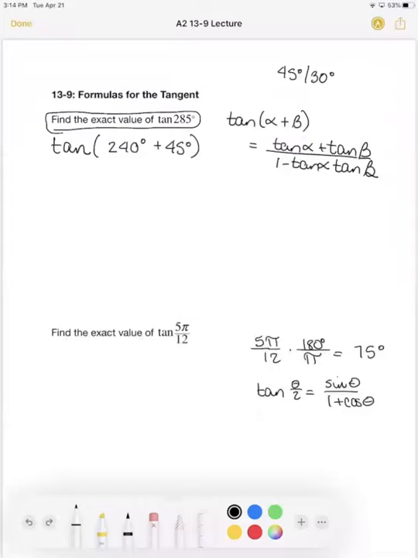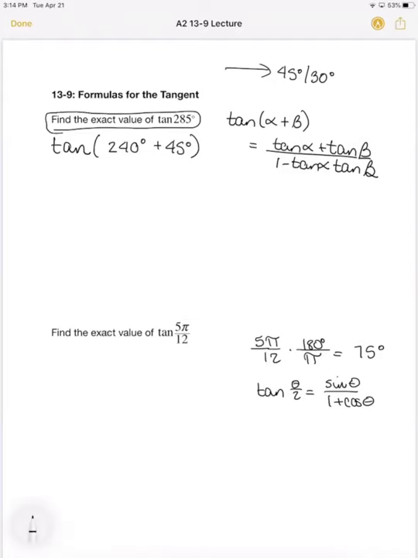And remember, we want to think about angles that are a multiple of 45 or 30 degrees so we can use our special triangles. Well, 285, you'll see below, I've already written it, is 240 plus 45. Both of those fit the bill. 240 is a multiple of 30 degrees and 45, well, 45 degrees, we know that one's going to work.